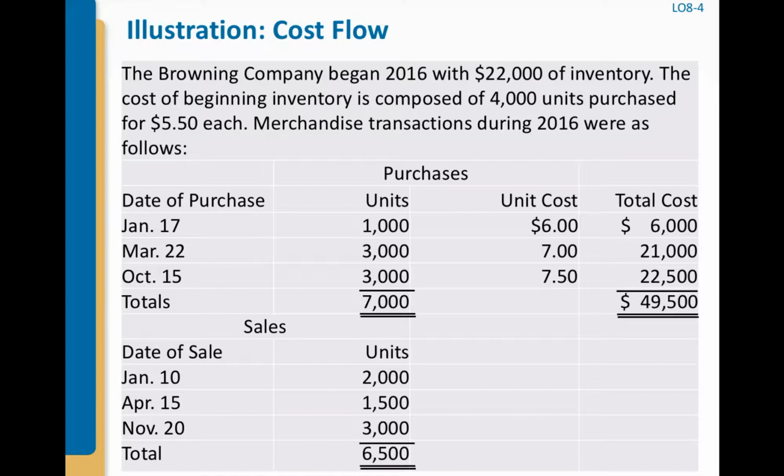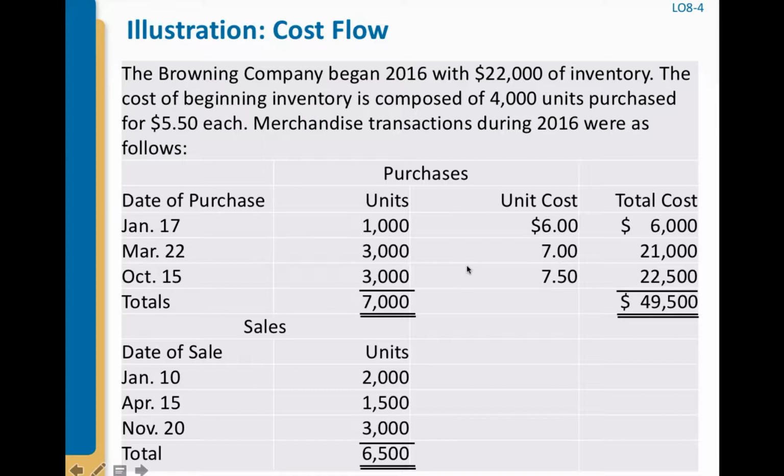You see sales, date of sale, and units, right? And to each of those units we have to assign costs. Well, since we have a number of different levels of costs, a $6 level, $7 level, $7.50 level, we've got these three different levels of costs all within our inventory.